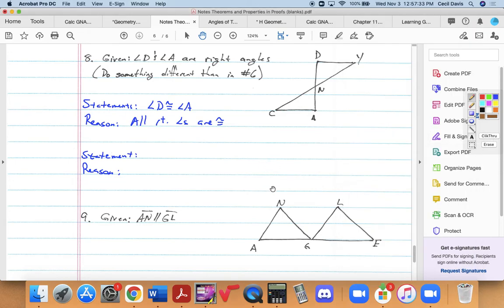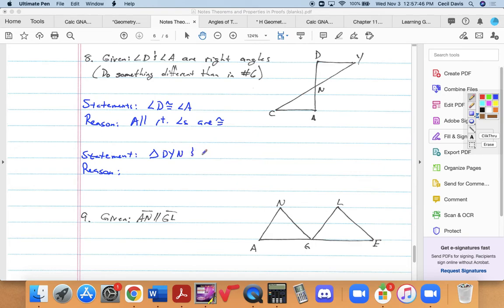Carson, is that you? Triangle DYN and triangle NAC are both right triangles, by the definition of a right triangle. Very good.